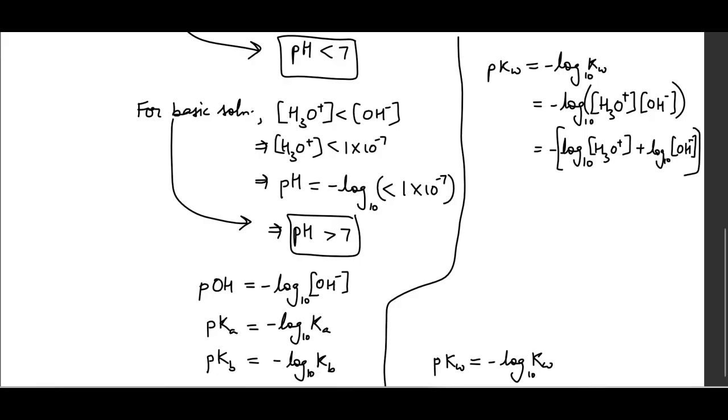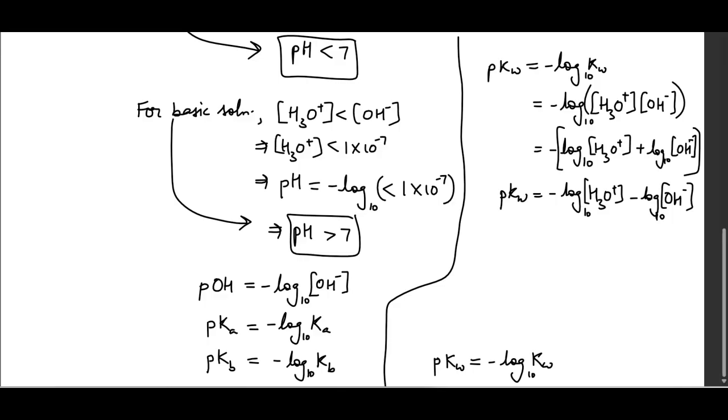When I open this bracket, it will be first term minus log of H3O plus concentration to the base 10, and minus of plus is minus log of OH minus concentration to the base 10.